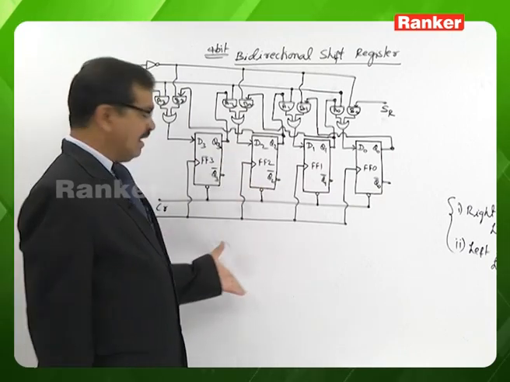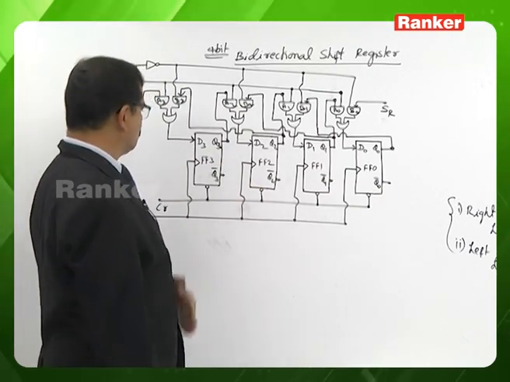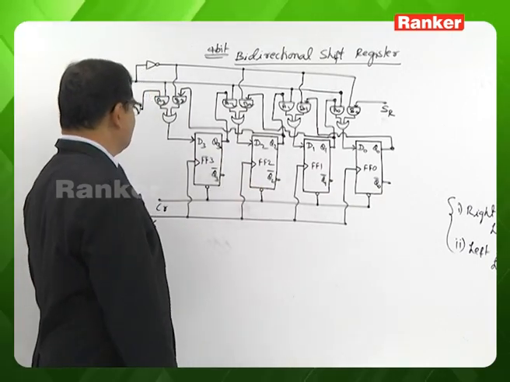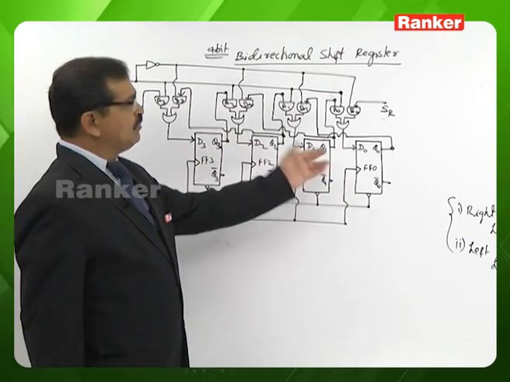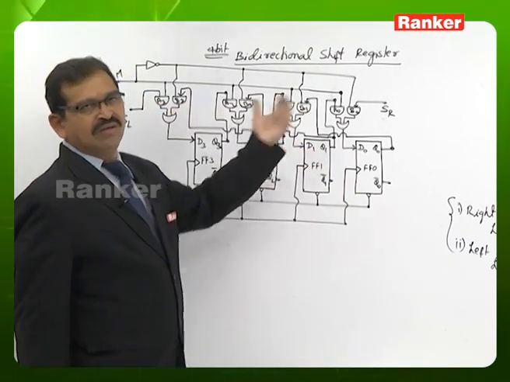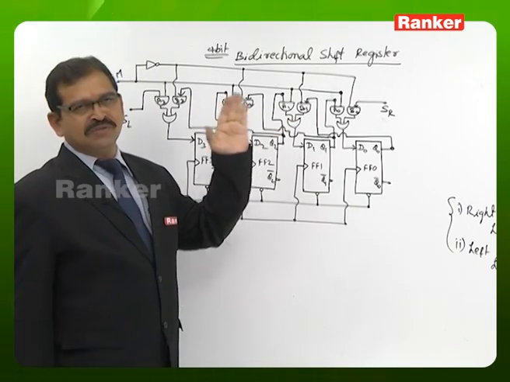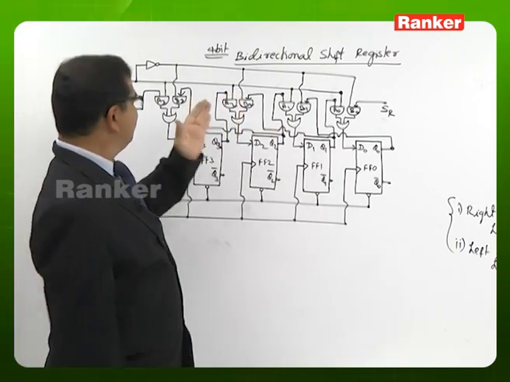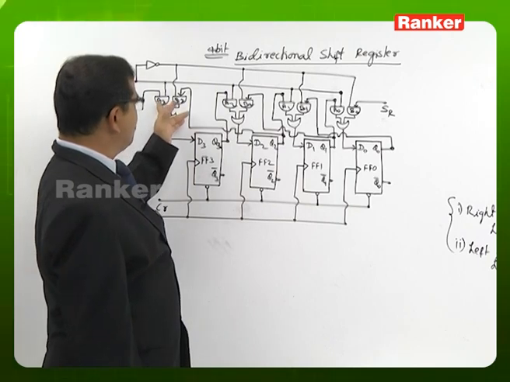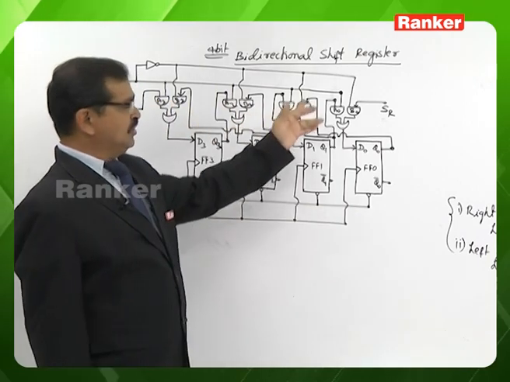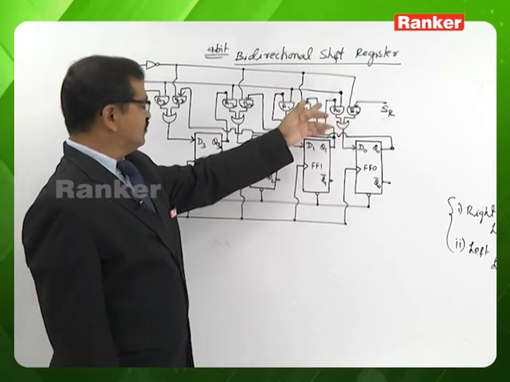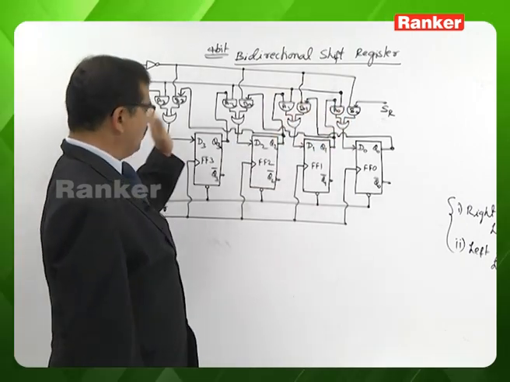All the flip-flops have a common clock from the external source, and the flip-flop inputs are coming from these 2-level AND/OR circuits. In this 2-level AND/OR circuit, to understand the operation easily, we name a few AND gates A3, A2, A1, A0.